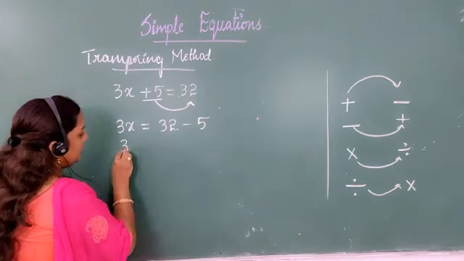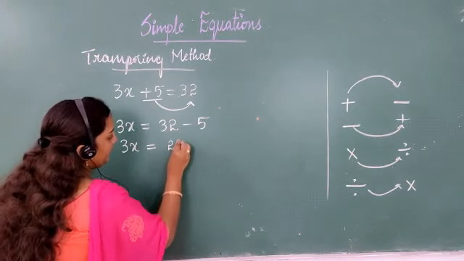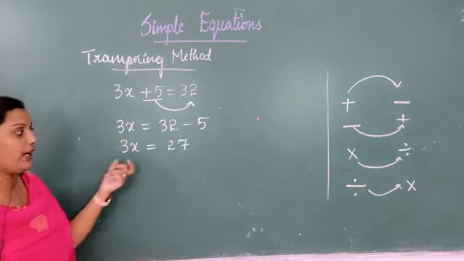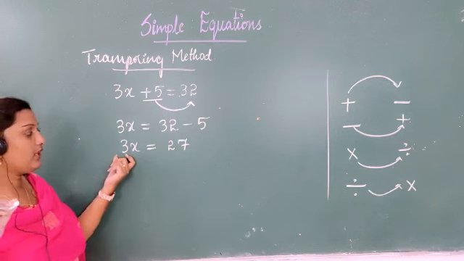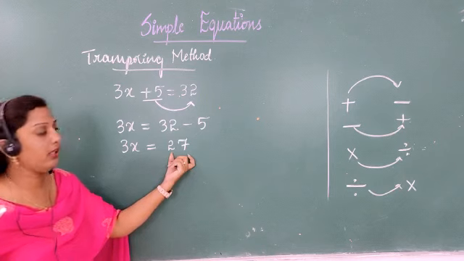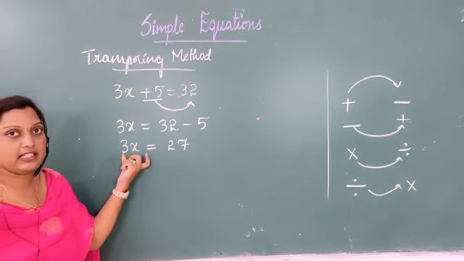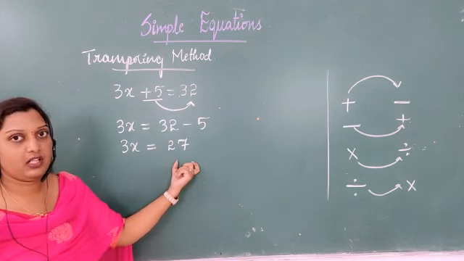Next, 3x is equals to 32 minus 5 is 27. Okay. Now I want the value of only x. I don't want this 3, right? So what I will do? I will transpose this 3 to right side. Okay. So 3 into x is there. So when into goes to the other side, it becomes divide, right?